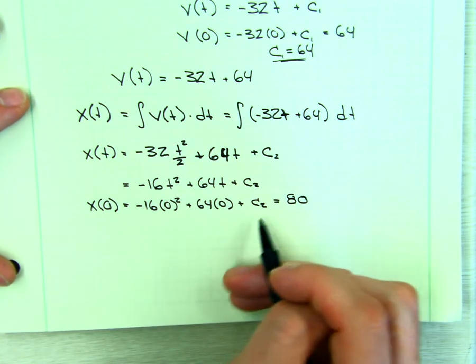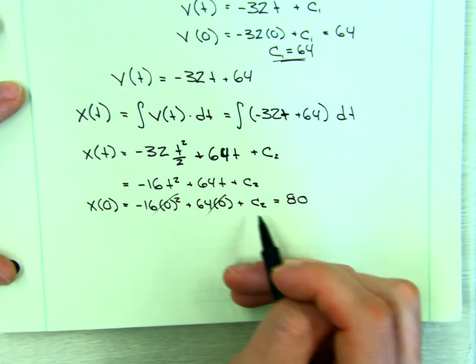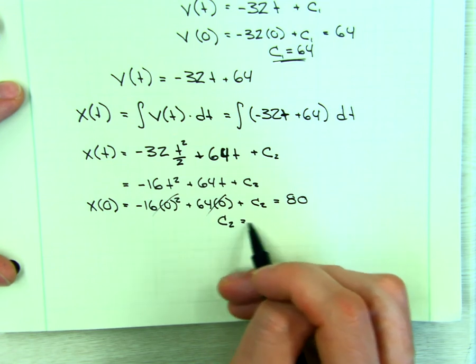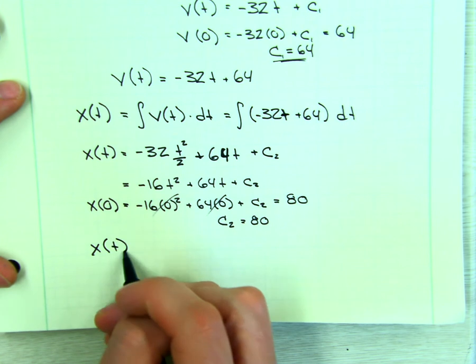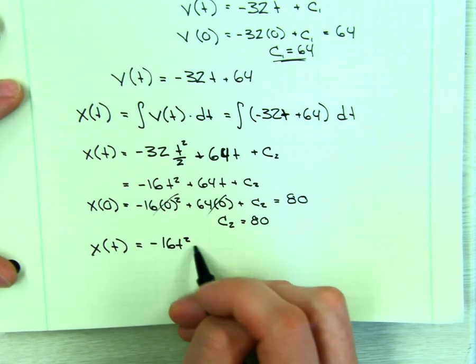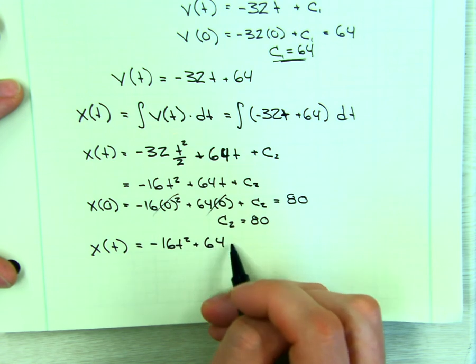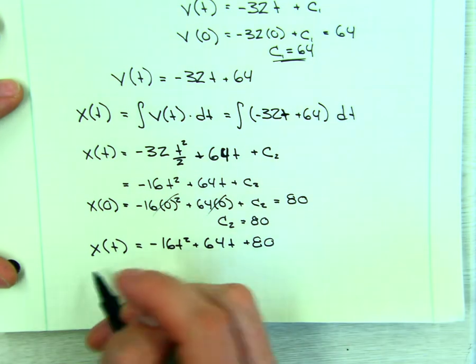And once again, this almost becomes unexciting, but 0 plus 0, that goes 0, that goes 0. I just end up with c2 is equal to 80. So now I can rewrite the entire function. x of t is equal to negative 16t squared plus 64t plus 80. And this is going to be my entire function.